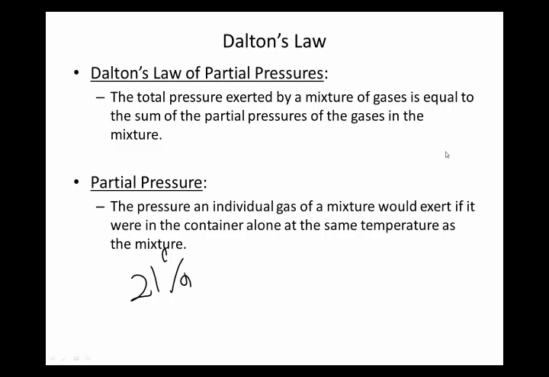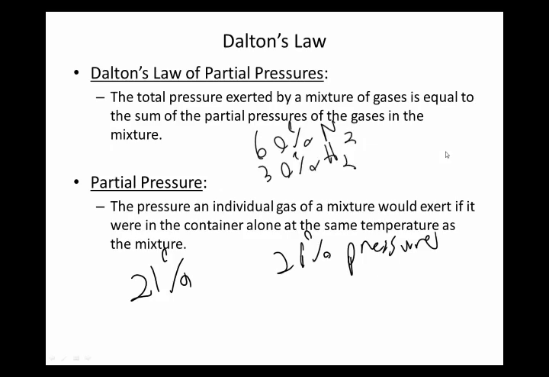Well, that would mean that 21% of the pressure is being exerted by oxygen, right? So if I had a mixture of gas that was 60% N2 and 30% H2 and 10% O2, then not only are these the percentages of the gas, but they are also the percentages of the pressures contributed by the gas, and they always add up to 100%.